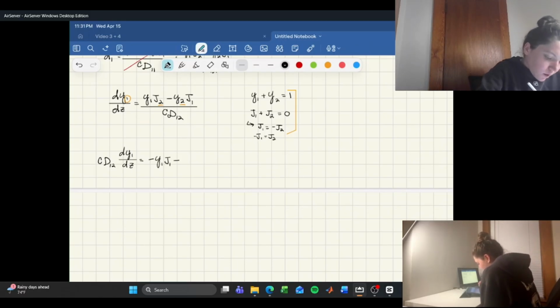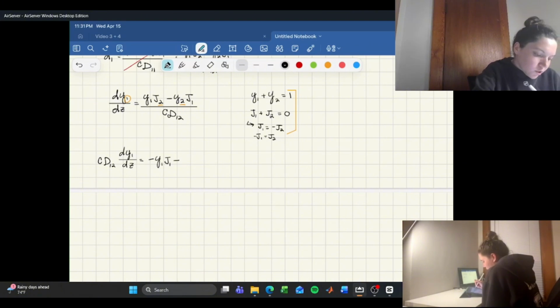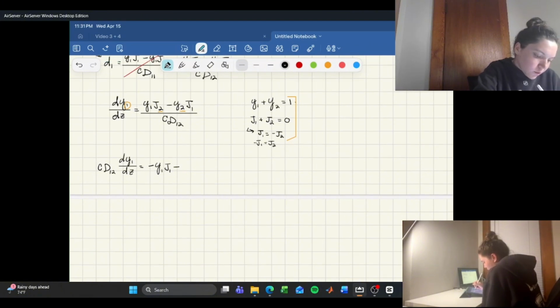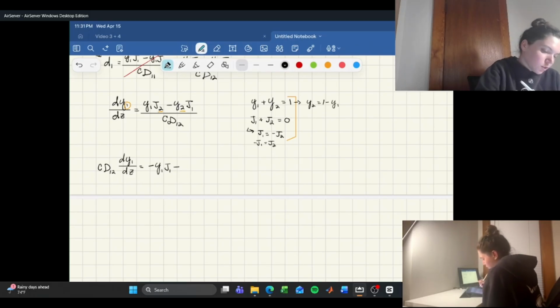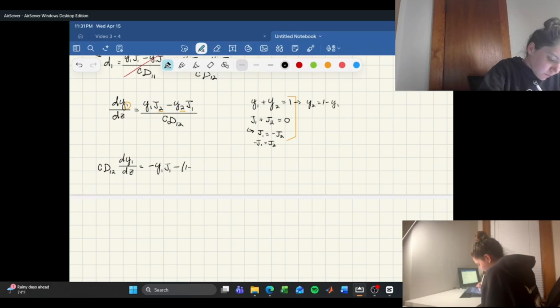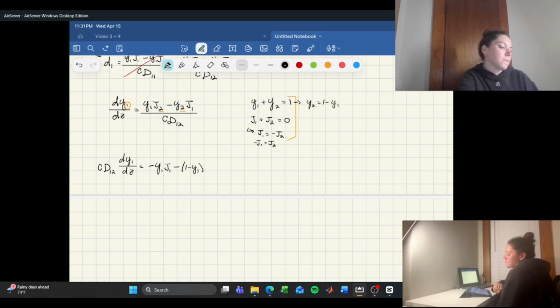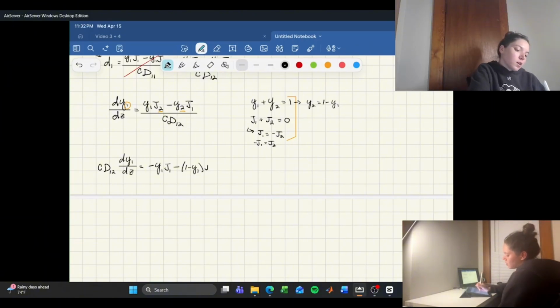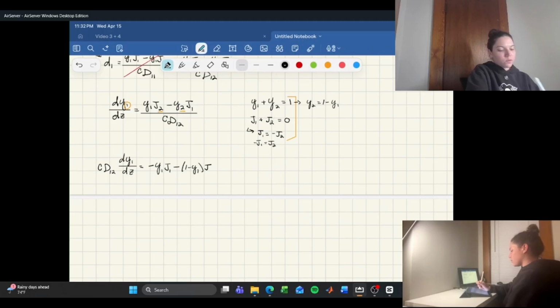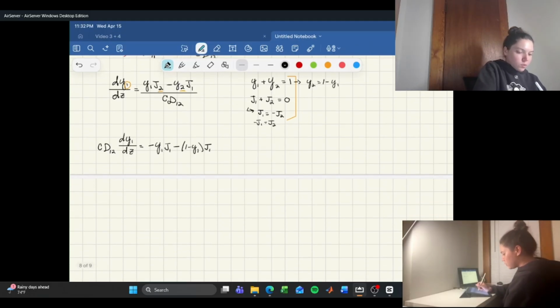Minus, okay, we have y2. So from here, y2 is going to be equal to 1 minus y1. So let's plug that in for y2. So that's going to be 1 minus the mole fraction of component 1 times the diffusive molar flux of 1, and we can multiply that.